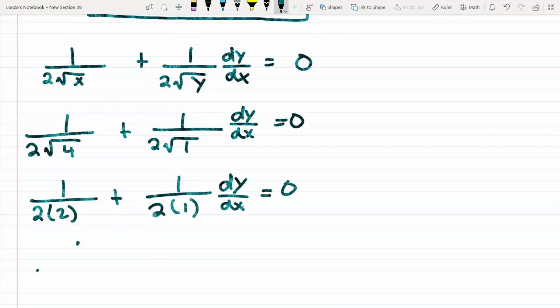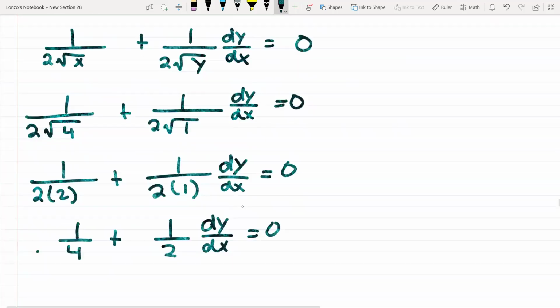This is going to be 1 over 4 plus 1 over 2 dy dx equals 0. Then just continue solving for dy dx.